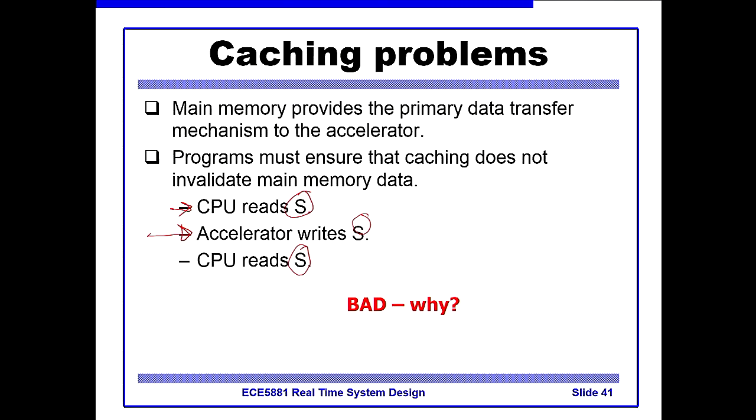So the cache is meant to be consistent with the main memory, but if you don't allow for that, then it can be bypassed by the accelerator and you get inconsistency. So you look up some memory with the accelerator and write to it, and that's different from what the CPU sees at the same locations. So this leads to bugs in your program.